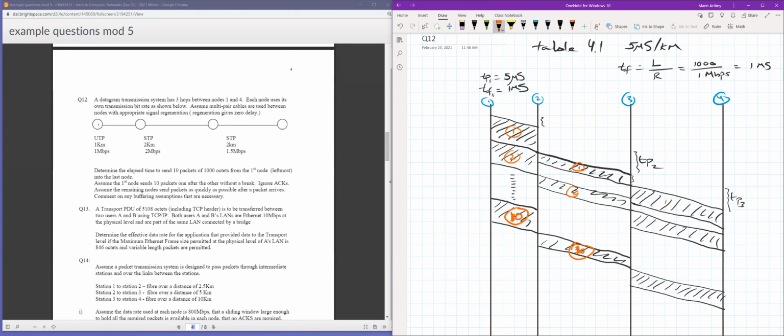So remember, there are nodes in between that I didn't draw just to keep the diagram simple, but there are frames here.